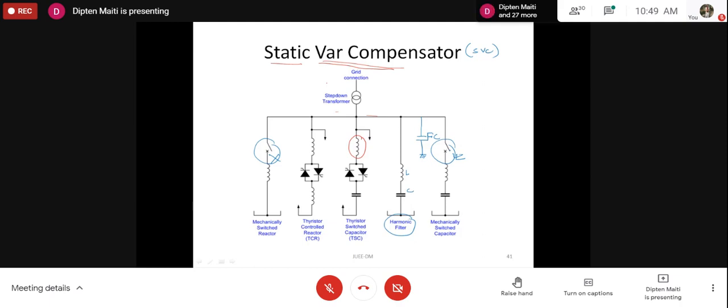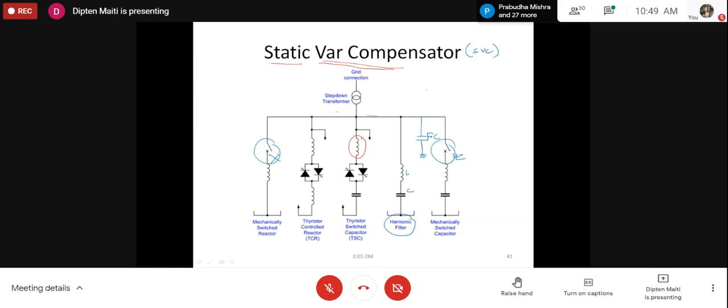Now, what about the thyristor controlled reactor? The thyristor controlled reactor need not have these two inductors shown here. Usually you require only one inductor. The upper inductor may be the source inductance, which you need not show here because for the thyristor controlled reactor the inductor value shown at the bottom is of much higher value.